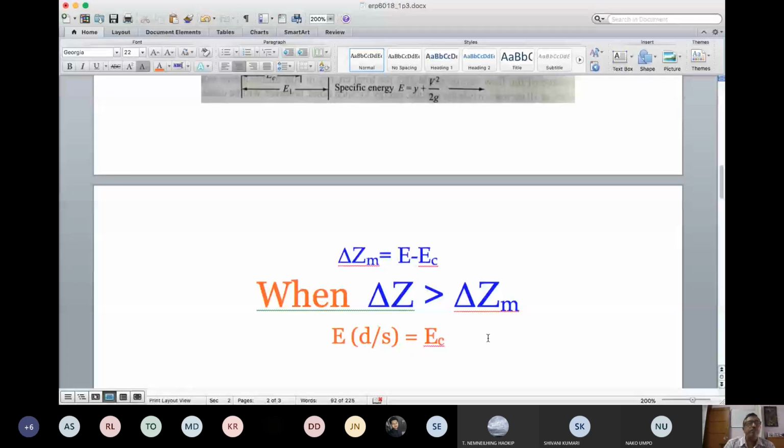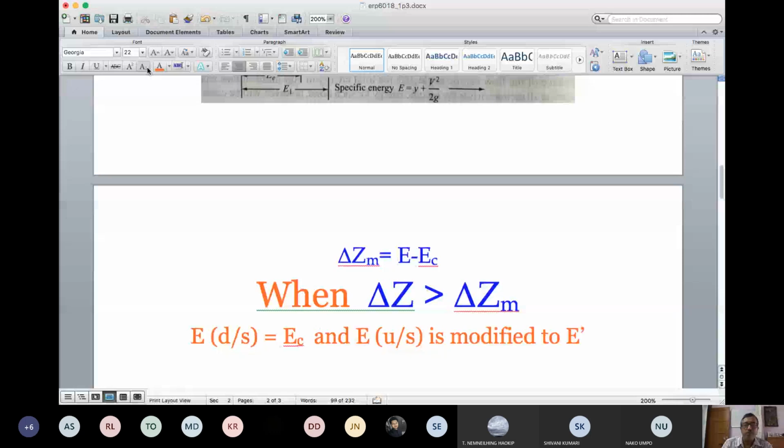Fine. And E upstream is modified to E dash.